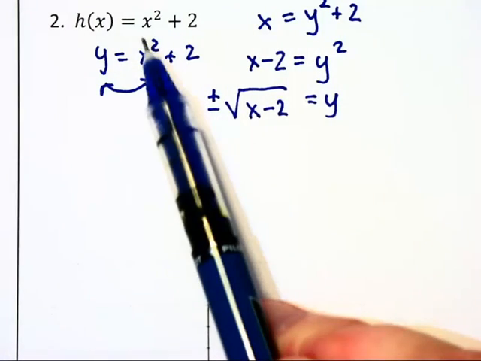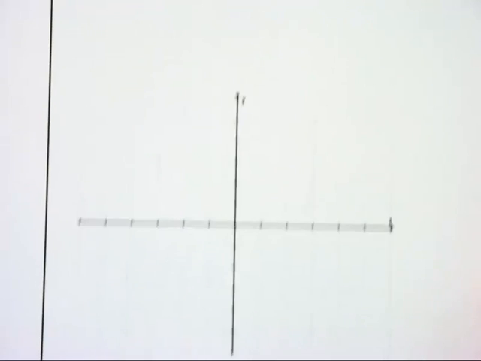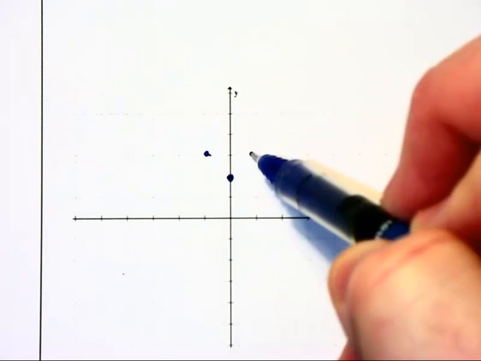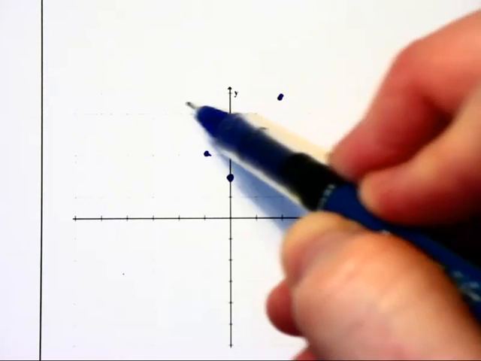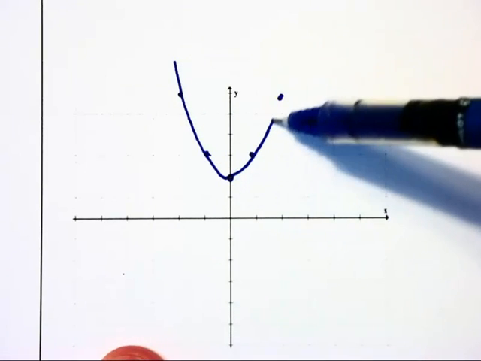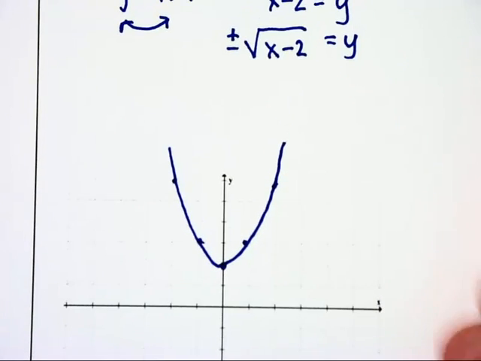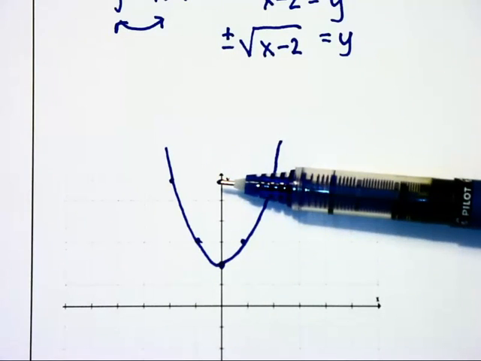The first one is a parabola that's up 2 units from the origin. So here we go. 2 units above the origin. It's got standard curvature, so I can go over 1, up 1, and over 2 and up 4 to get to 2 additional points. And notice how this passes the vertical line test. It really is a function, but it does not pass the horizontal line test, so it's not one-to-one.